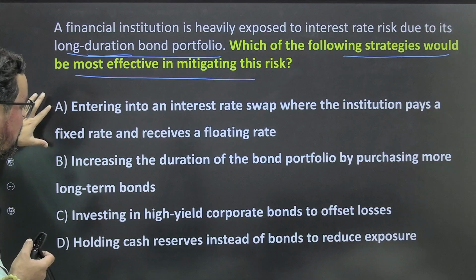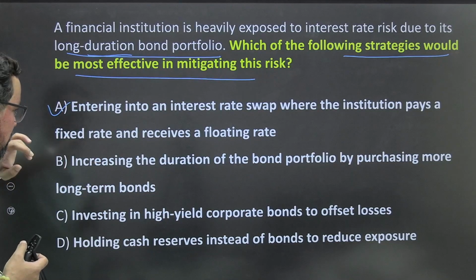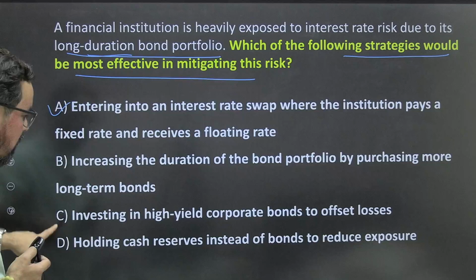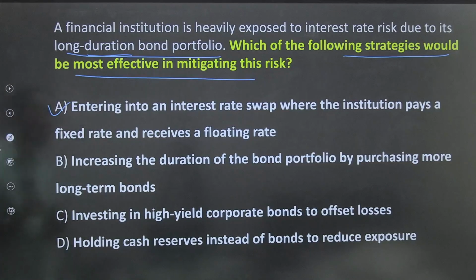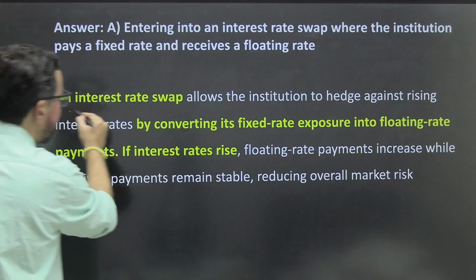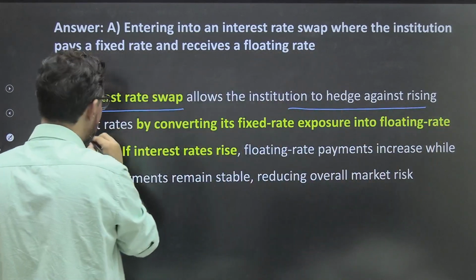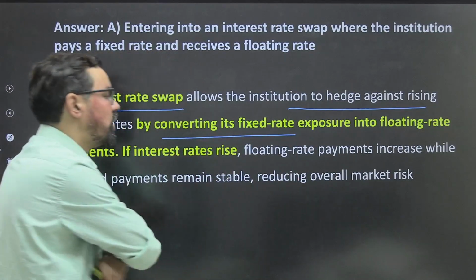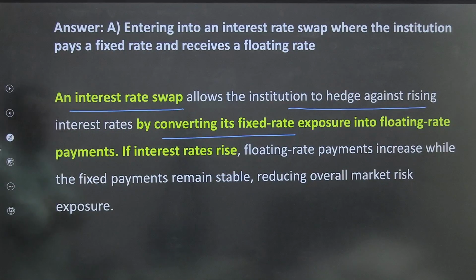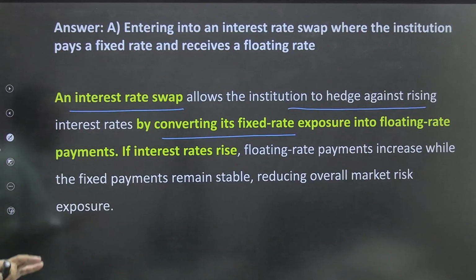Or increasing the duration of the bond portfolio by purchasing more long-term bonds. Option A should be the right answer for this one, as far as I can interpret from this question. The interest rate swap, which is a derivative, allows the institution to hedge against rising interest rates by converting its fixed rate exposure into floating rate payments. If interest rates rise, floating rate payments increase while the fixed payment remains stable, reducing overall market risk exposure also.